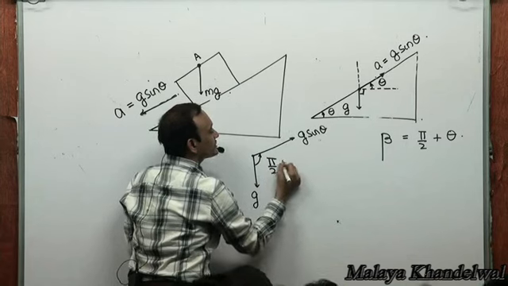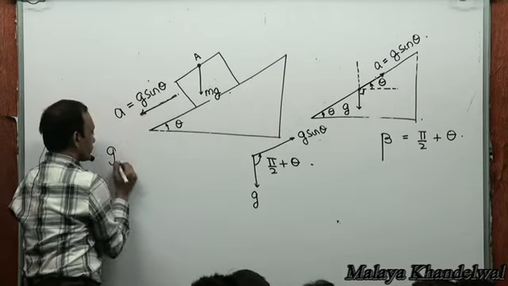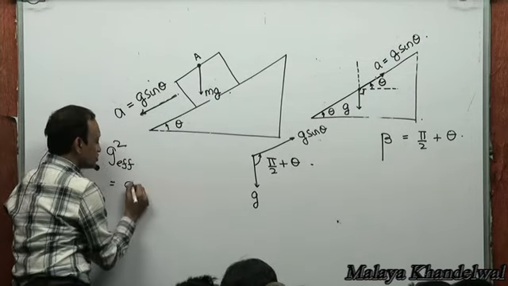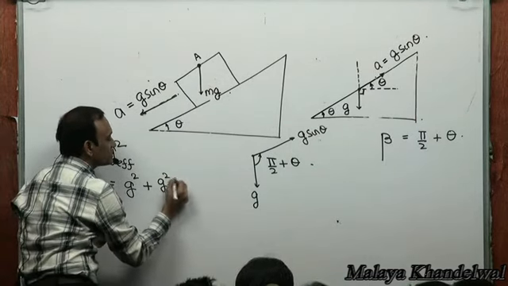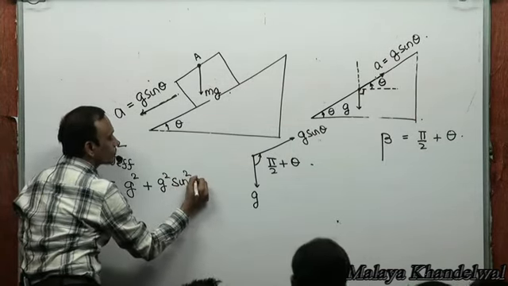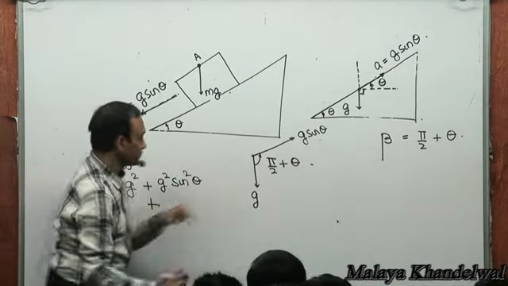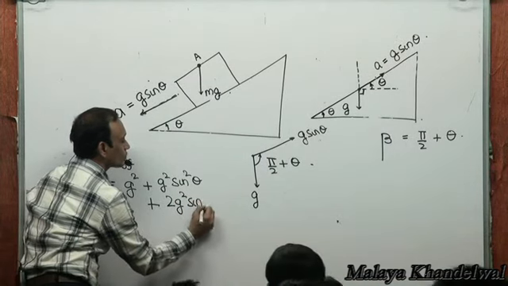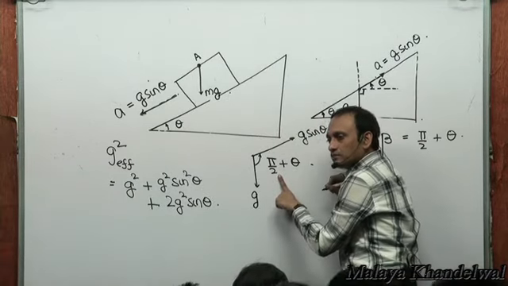G effective then is going to be given by root G square plus G square sine square theta plus twice G into G sine theta into cos 90 plus theta.